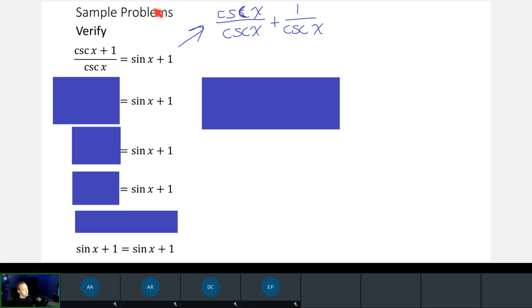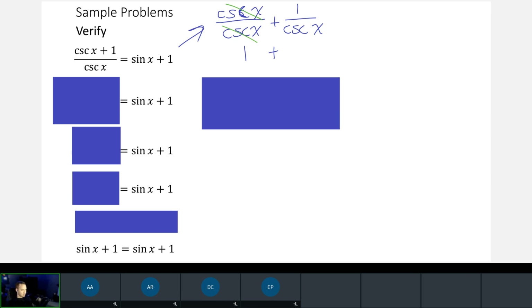So then from here, cosecant of x over cosecant of x, what does that become? One. Yep, you're dividing by itself. Should probably use the pen tool, not the arrow tool. So this becomes 1, and then 1 over cosecant of x.